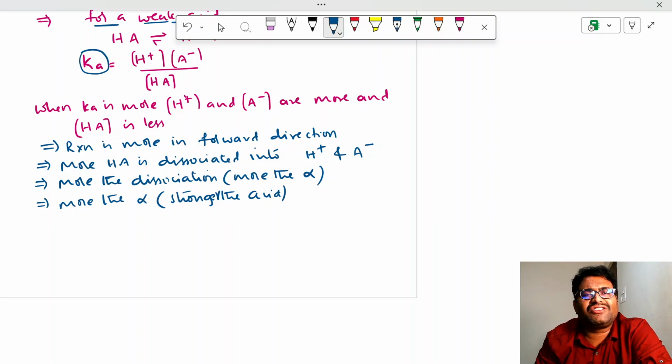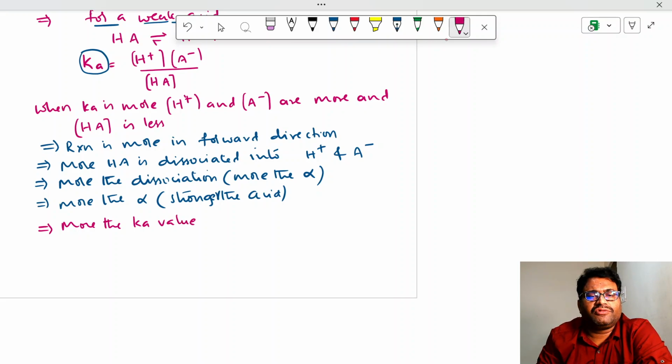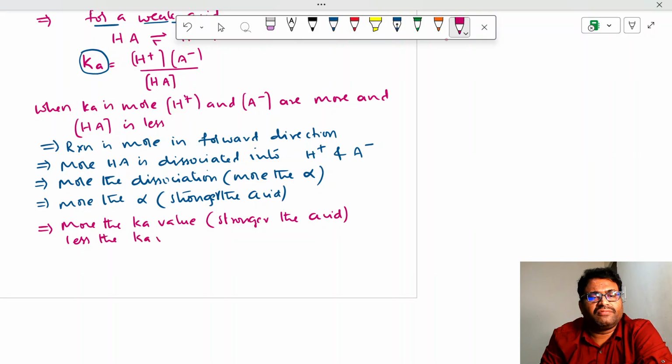Less the Ka value of an acid, less stronger is the acid, or weaker the acid. This is all comparison.